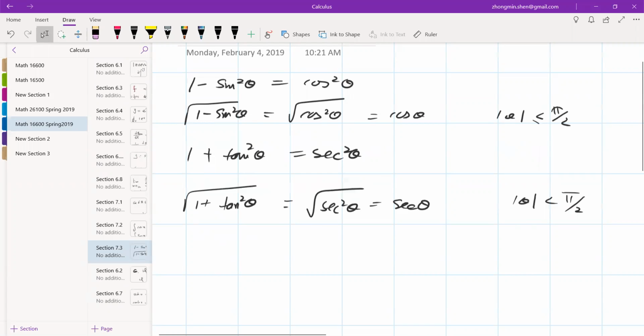The third one: look at the above identity. I can also move 1 to the right hand side to get tangent square theta. So it's the same identity.